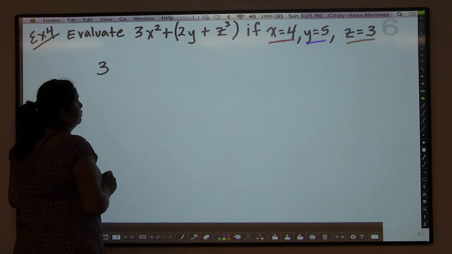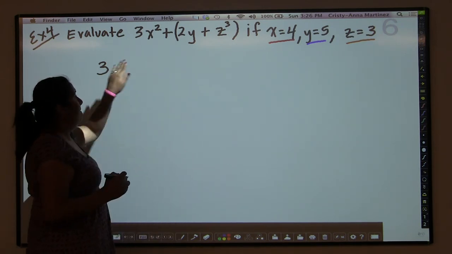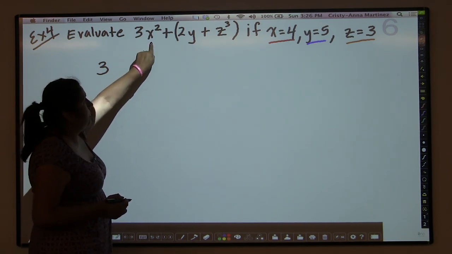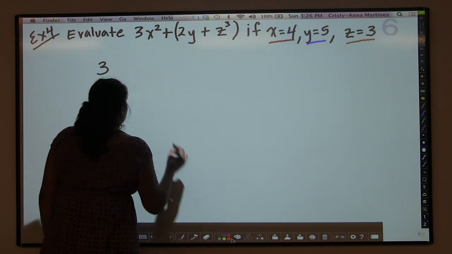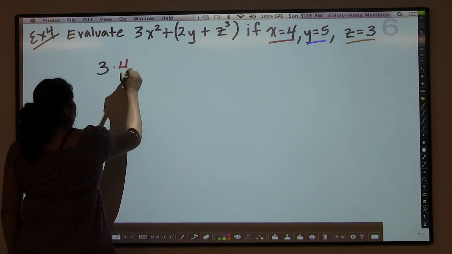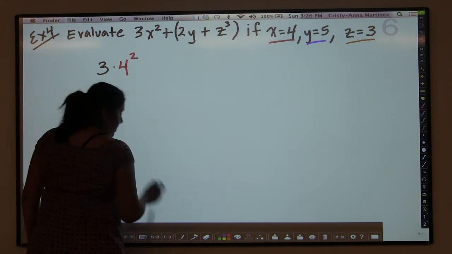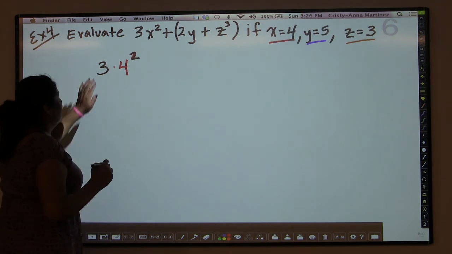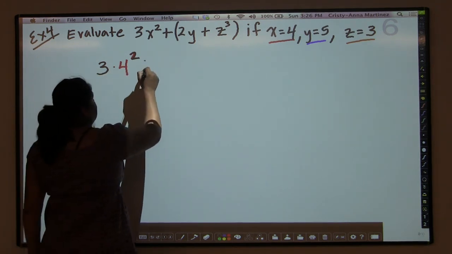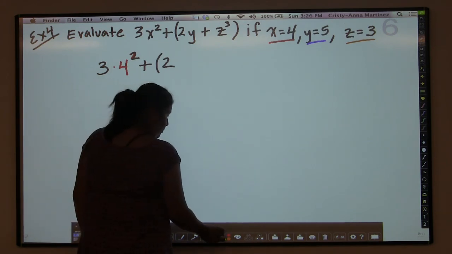and you want to write the expression, but you want to put the variable values into the expression. For example, I have 3x squared, but I know that x is 4. So I'm going to take and say times 4, and then according to the expression here, that's 3 times x squared, and then plus parentheses 2, y is 5, and that's in blue.